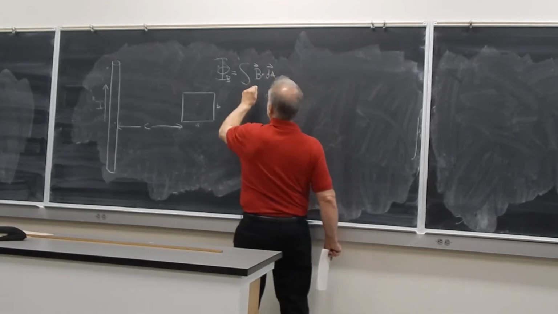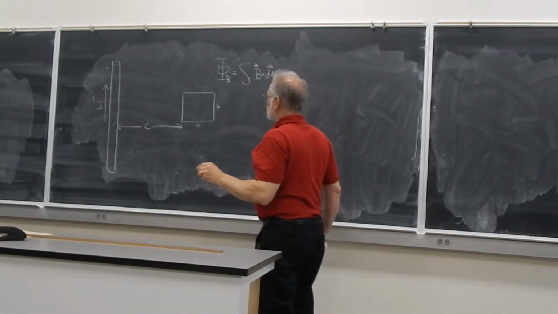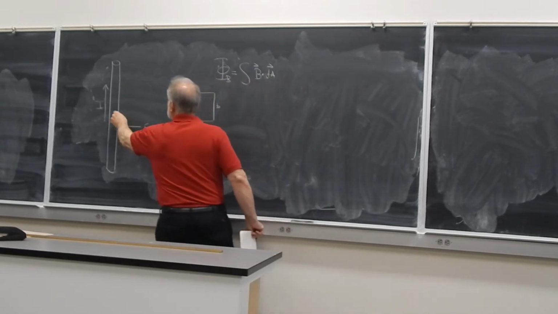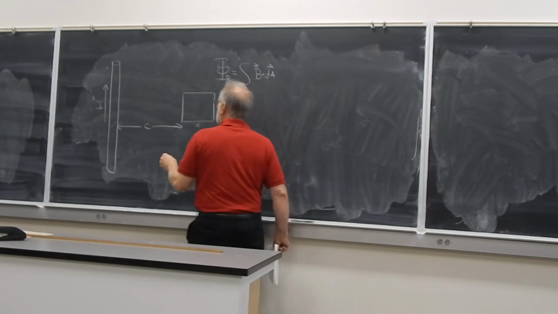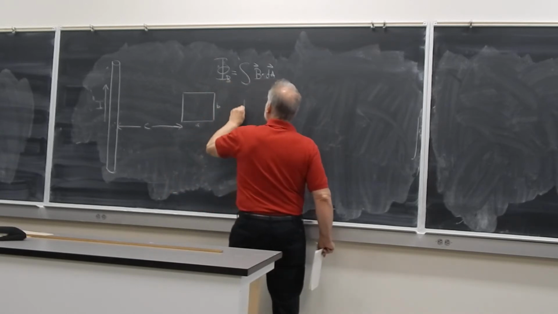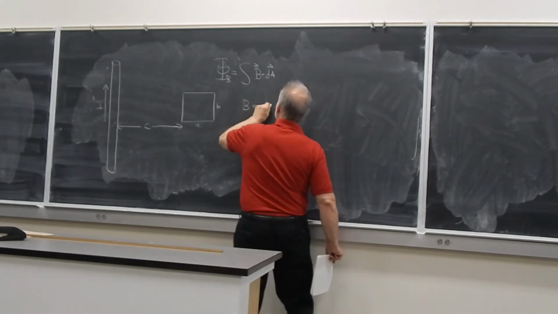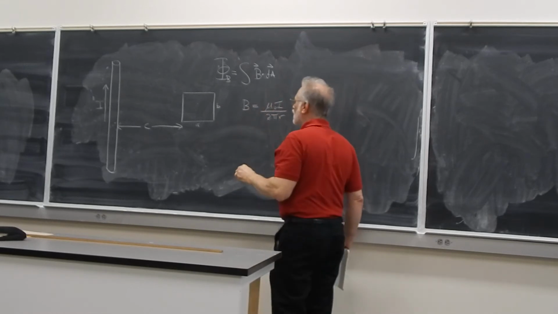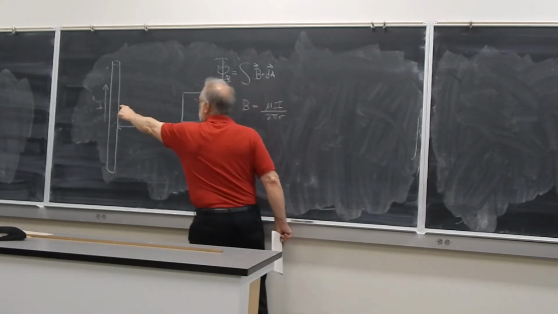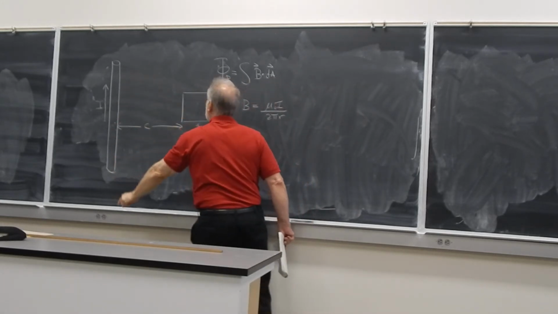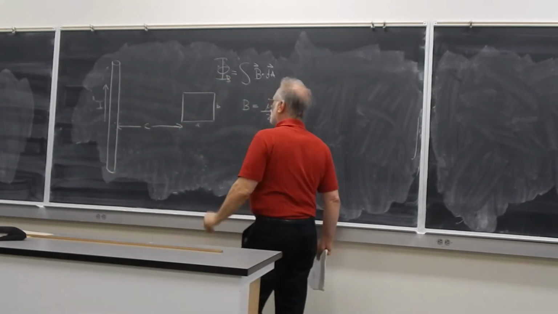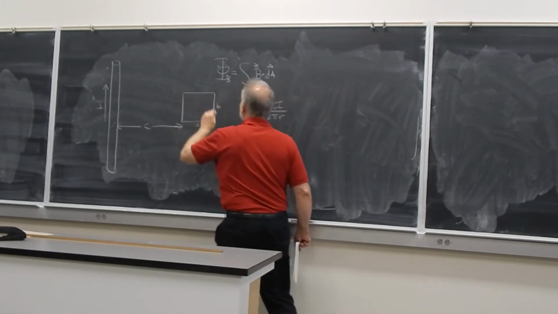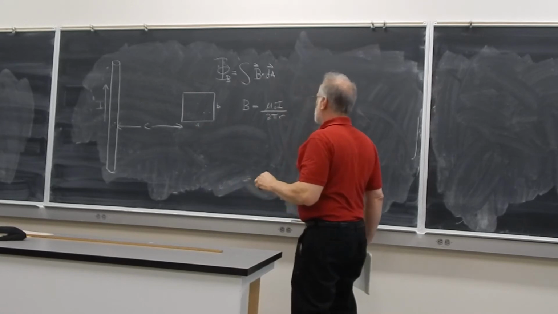In this case, I'm going to calculate the magnetic field using Ampere's law. Let's say for any distance from the wire, we can say that the magnetic field is going to be mu naught times I over 2 pi r, where r is the distance from the wire to whatever space in between this boundary the field lines fall on.